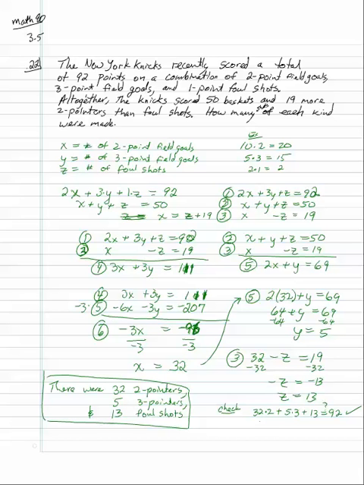And then 32 plus 5 plus 13, 50. Yep. And then I don't need to check the last one because that's the one I used to solve. But if you want to, z is 13. Does that equal 19?